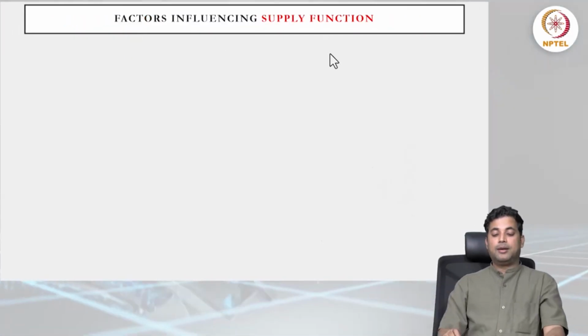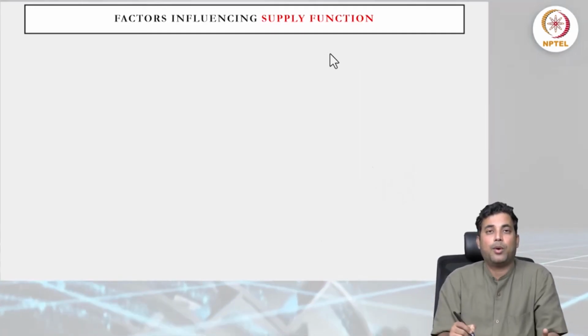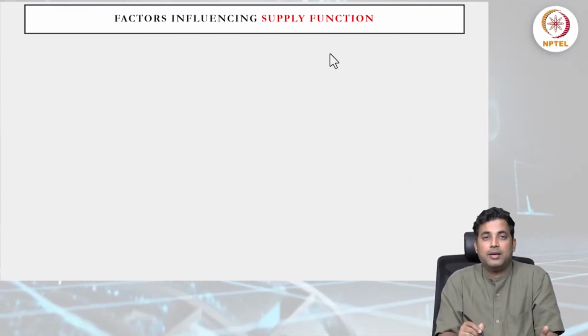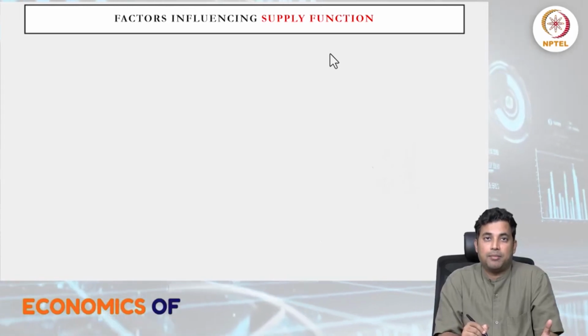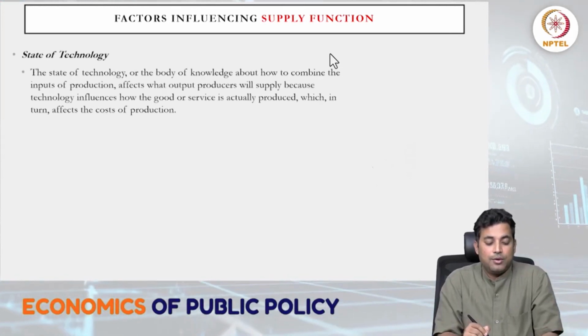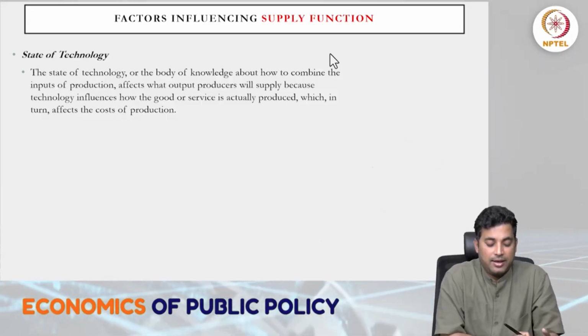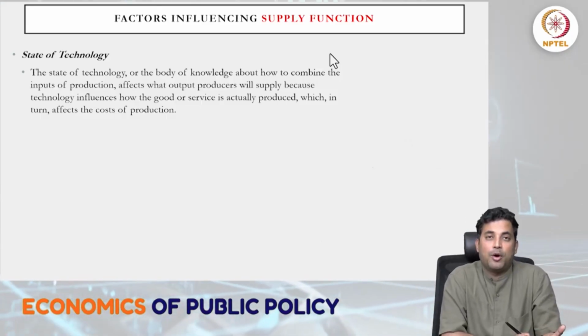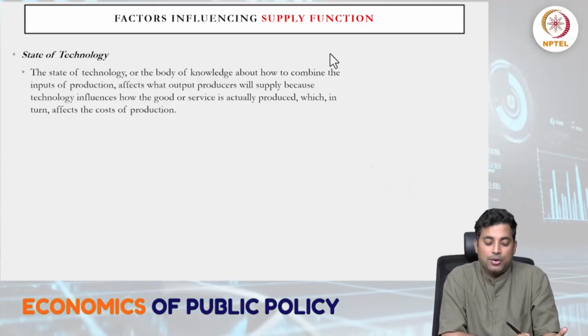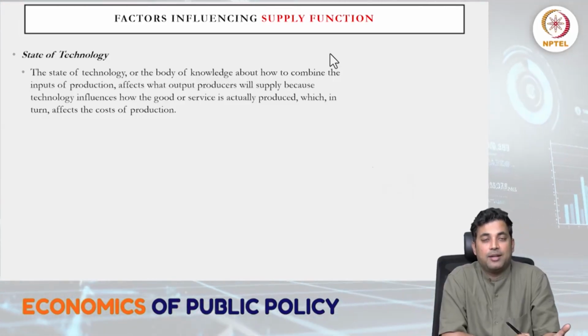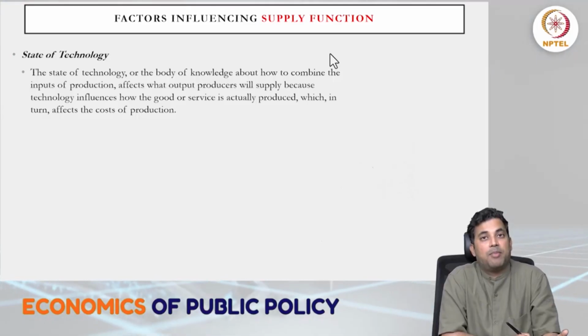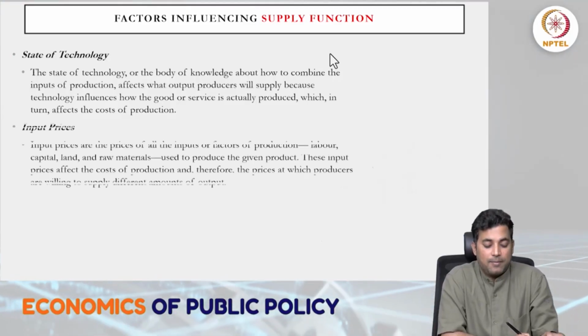So now let's see what are the probable factors influencing the total supply function. First is state of technology, as we just gave the example, the body of knowledge about how to combine inputs of production, and that will have an impact on the supply function.